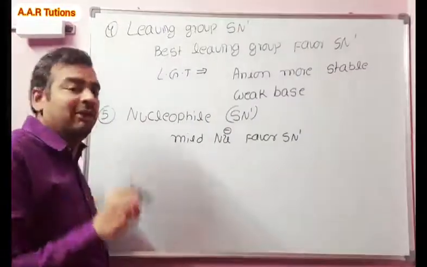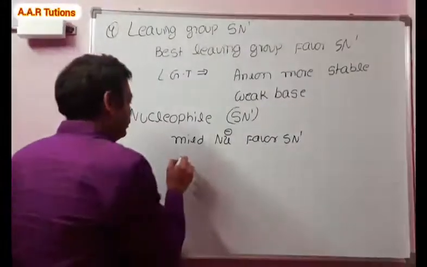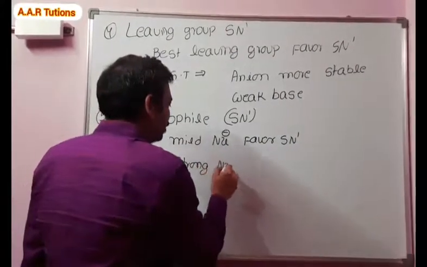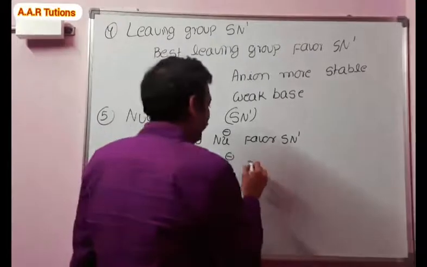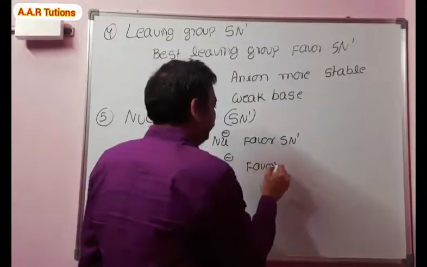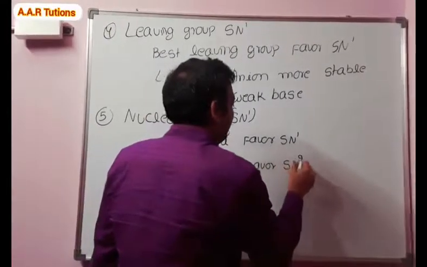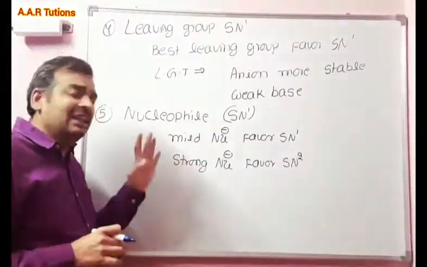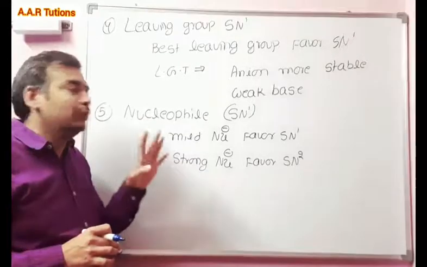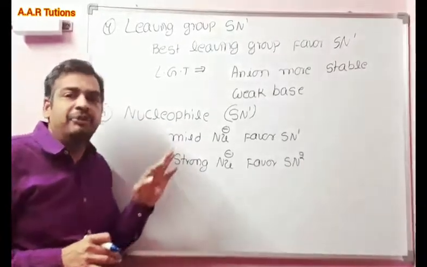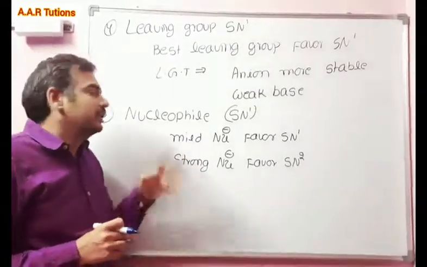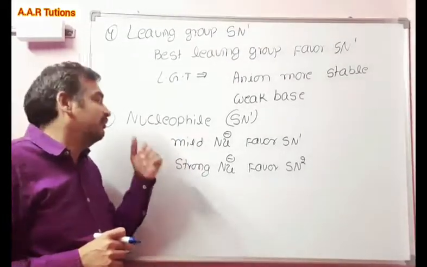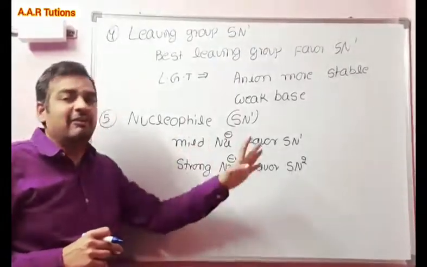Strong nucleophiles favor SN2 reaction. We will discuss SN2 in the next class. For SN1 reaction, the nucleophile should be mild. You can remember: mild nucleophile and strong nucleophile. If the nucleophile is mild, it will favor SN1.